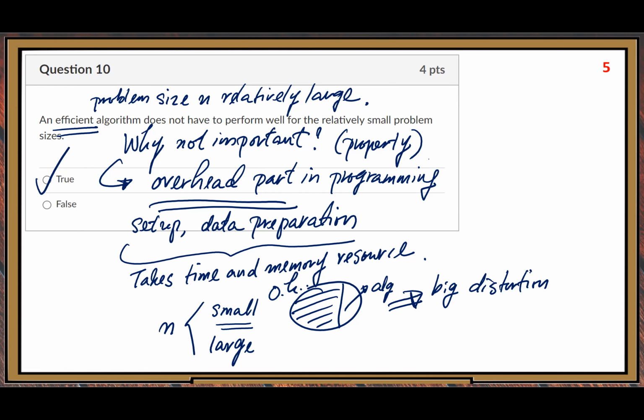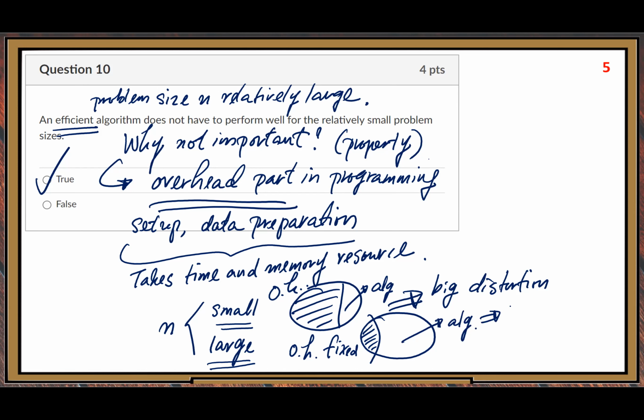But when the size becomes larger and larger, in your total execution time that overhead part does not grow. The overhead part is pretty much fixed. So then the algorithm part dominates the total execution time.